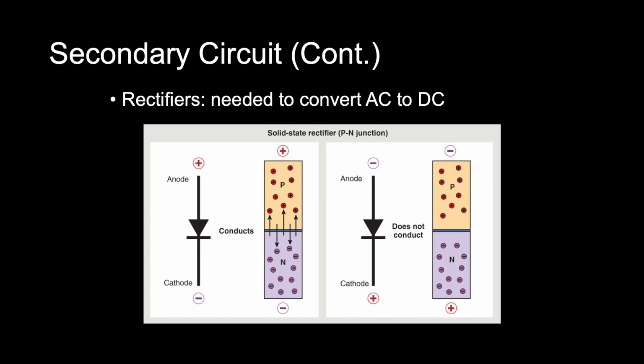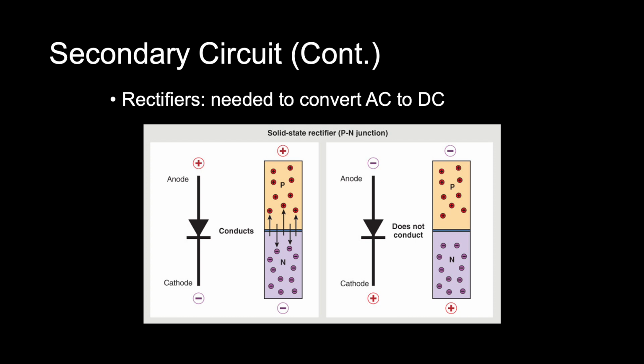The p-type crystal has an abundance of electron traps, whereas the n-type has an abundance of freely moving electrons. These two crystals are joined to form the solid-state diode. When a positive charge is placed on the p-type crystal and a negative is placed on the n-type crystal, the solid-state diode will conduct electricity.